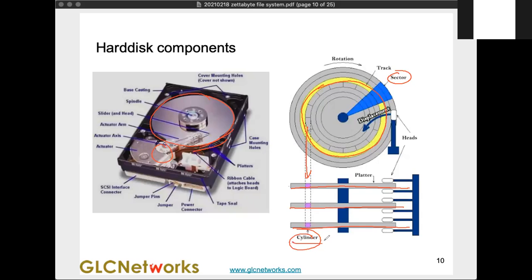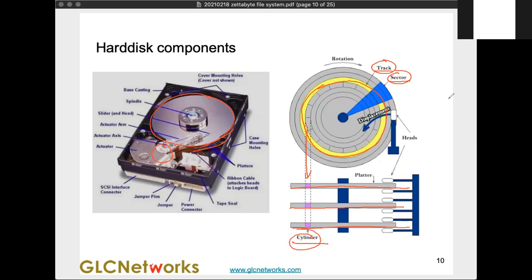So these are three parameters which you are using for managing your hard disk. Okay, so cylinder, sector, and then track.